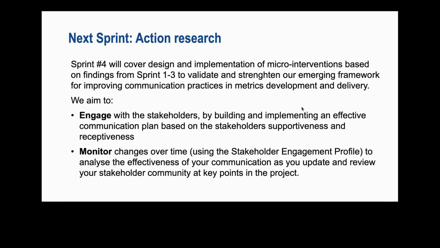That's what it means here, engage and monitor, see whether there are changes over time in communication. And we might, for example, consider using stakeholder engagement profile as another method to help people to find the strategies that can help them to communicate.